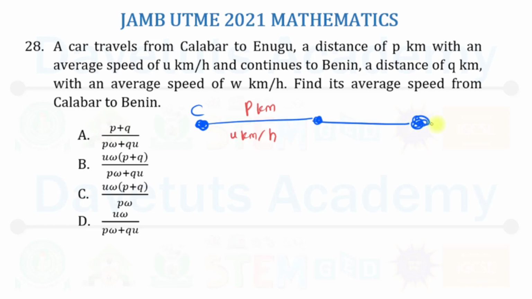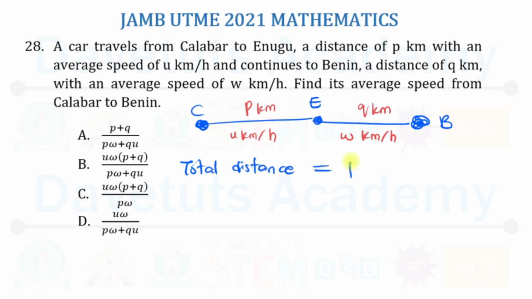This is Enugu. This is Benin. Benin is a distance of q kilometers away, and the average speed is w kilometers per hour. So we have to find the average speed from Calabar to Benin. Well, that's not a big problem. First, we need to look at the total distance, because speed is distance over time.